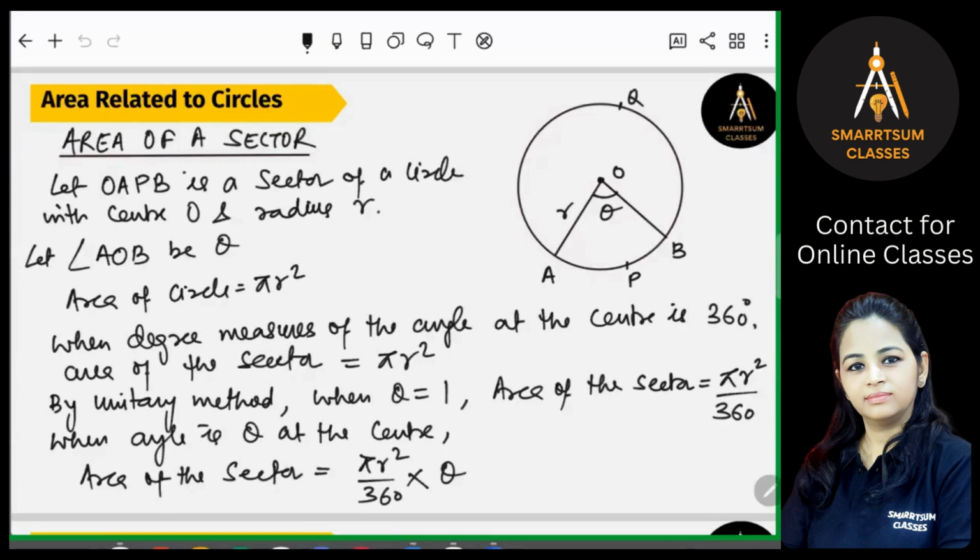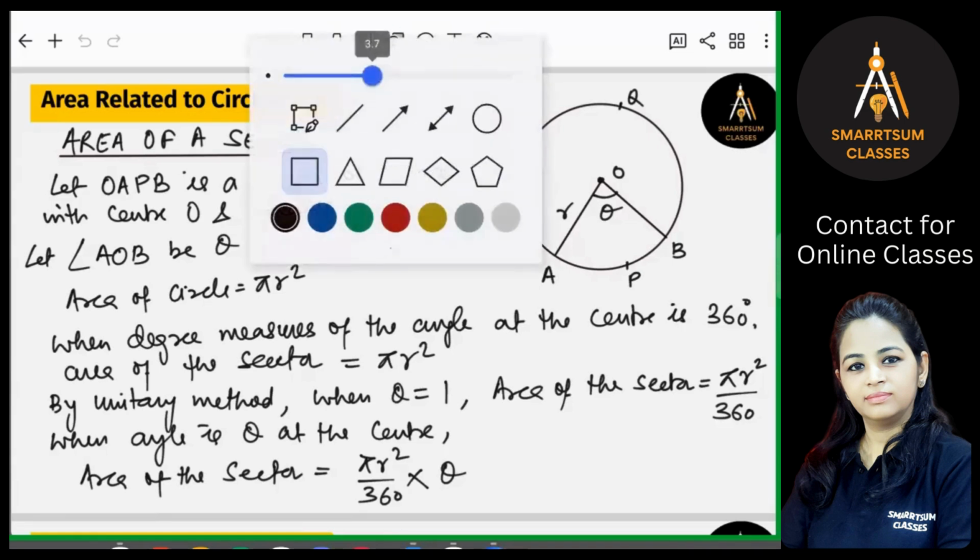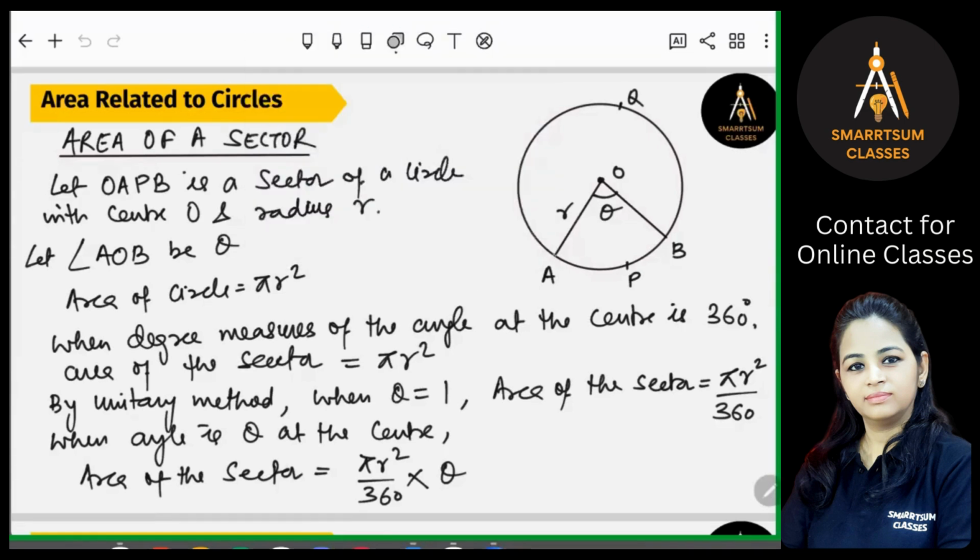Now, let's see this diagram again. If we join these points A and B, what will happen? This chord AB divides the whole circle into the major and minor segment, isn't it?